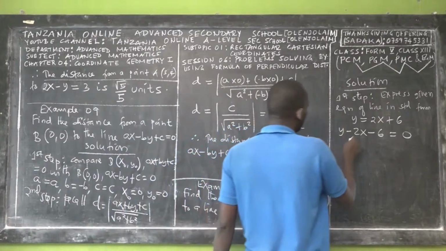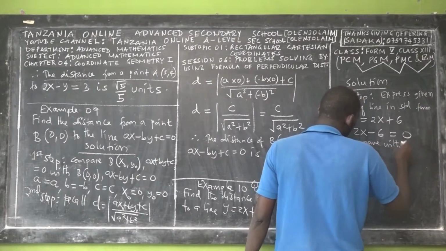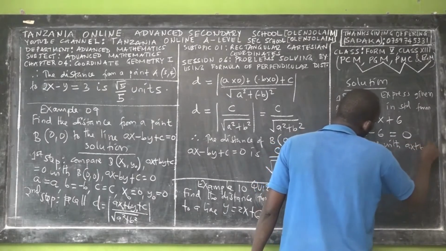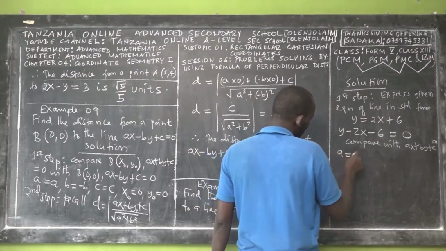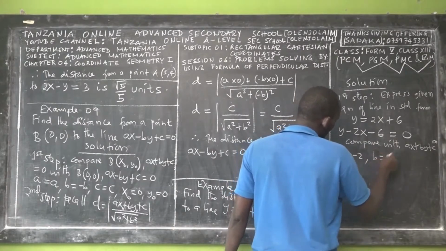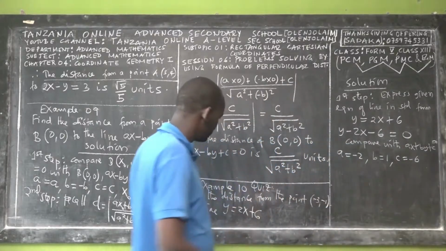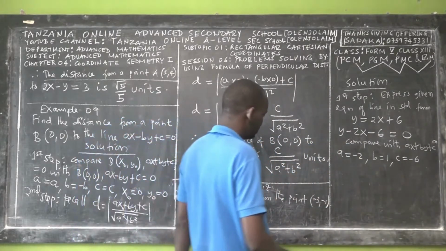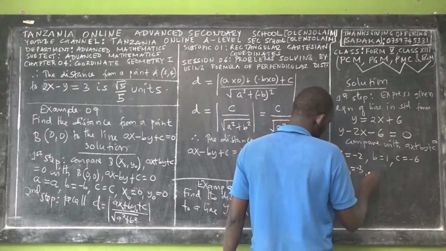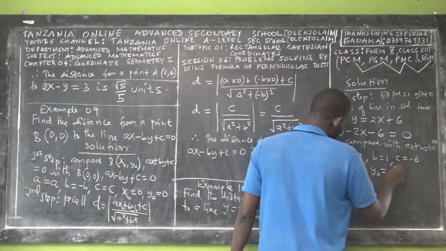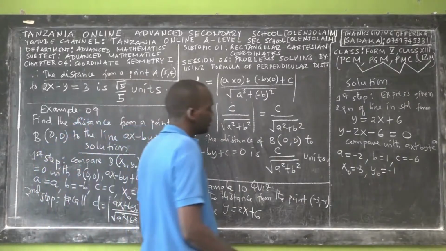So we have to compare it with Ax plus By plus C is equal to 0. So A is equal to -2, B is equal to 1, C is equal to -6. Then we have a point where x naught is equal to -3, y naught is equal to -1. And we go for the second step.